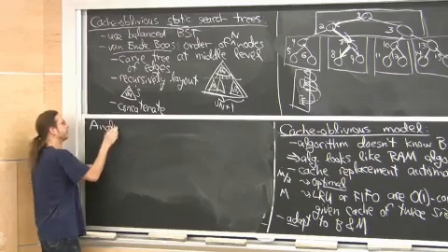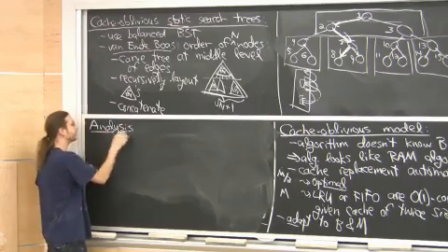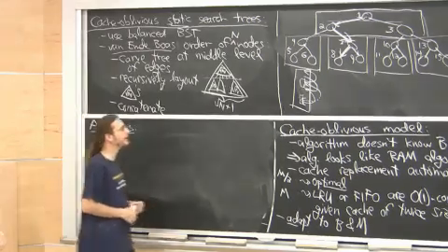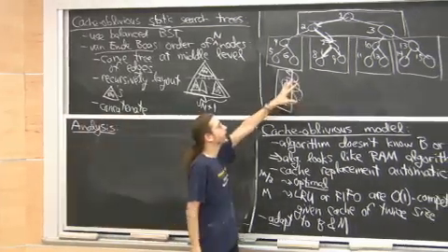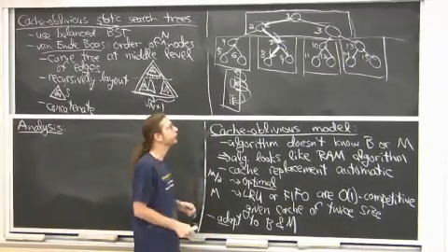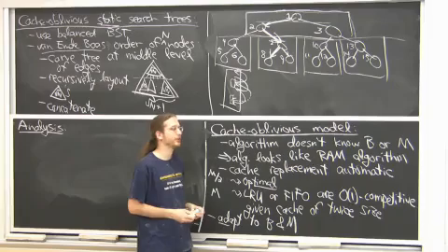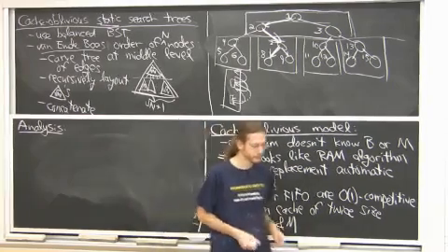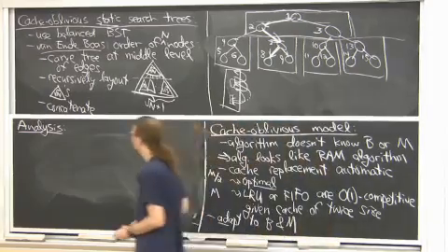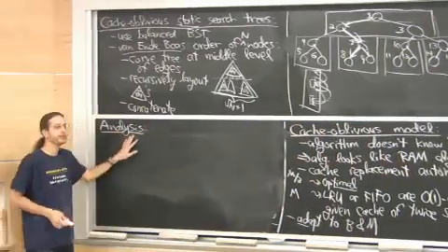Analysis. The order is clear. The algorithm is clear. We follow our root to leaf path. What we claim is that for any root to leaf path and any value of B, the number of blocks visited is order log base B of n. To do that, in the analysis, we get to know what B is.